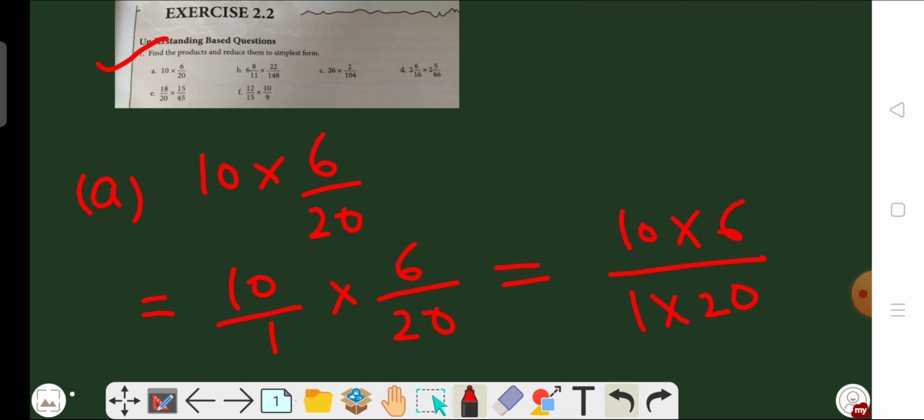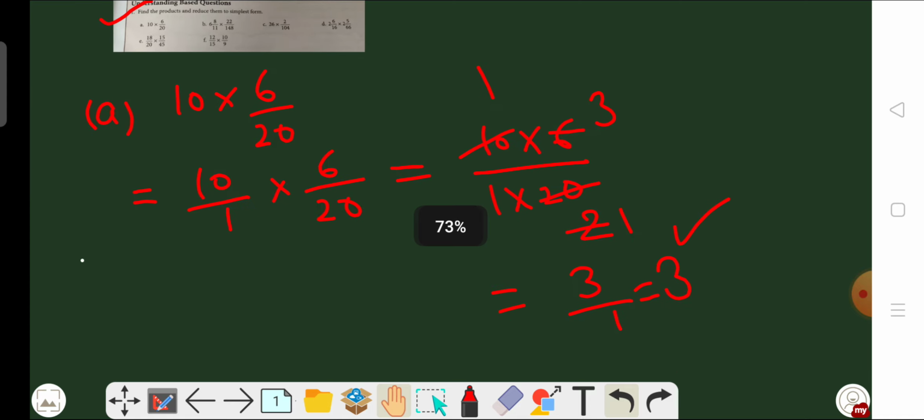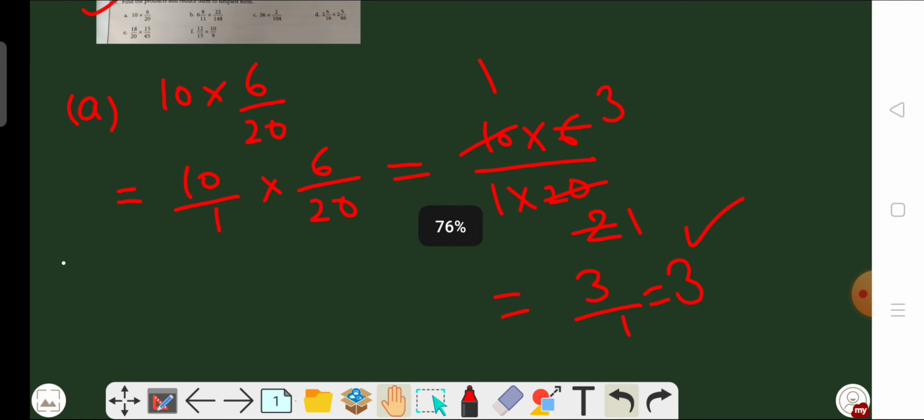Look at here, 10 is the common factor between 10 and 20. So this will become 1, this will become 1 and this will become 2 after cancellation. Again 2 is the common factor between 2 and 6. Again this will become 1 and this will become 3. So the solution of this part will become equal to 3 by 1 and that is equal to 3. This is the answer of your A part of question number first. And this is the way by which we have to multiply two given fractions beta.